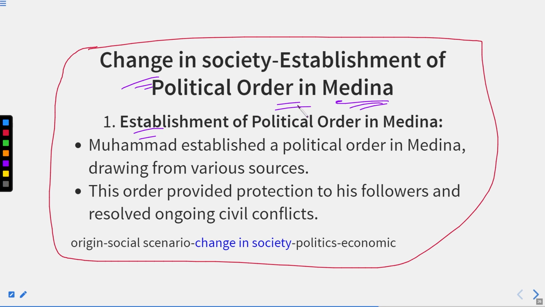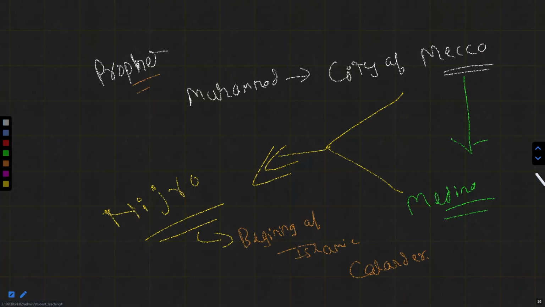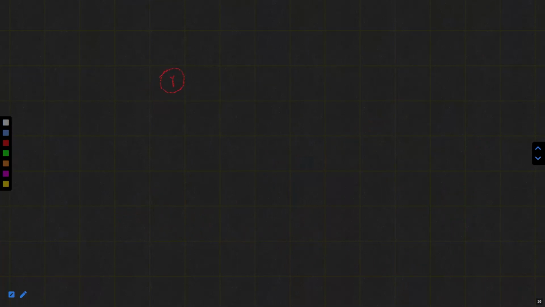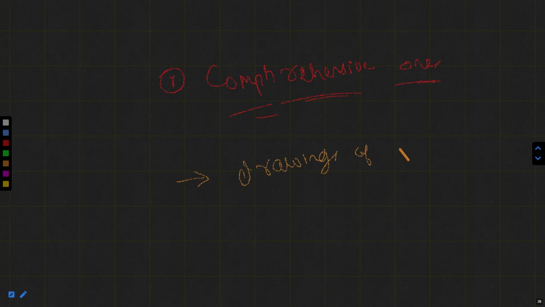After reaching Medina, what he did, he established the political order. Okay, Muhammad established a political order in Medina, drawing from various sources. Okay, it means the order was a comprehensive one. Why? Because of the drawings of various resources.